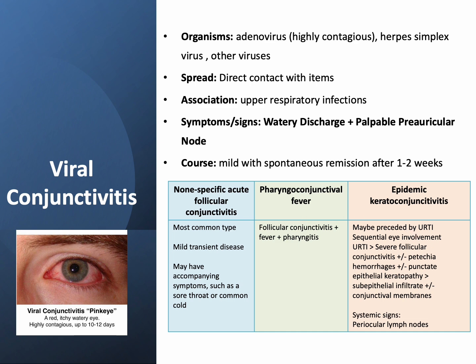Finally, the epidemic keratoconjunctivitis. This is the most severe form of the disease. It has a severe follicular conjunctivitis and can have petechiae, hemorrhages in the conjunctiva. It can also affect the cornea by having punctate epithelial keratopathy.